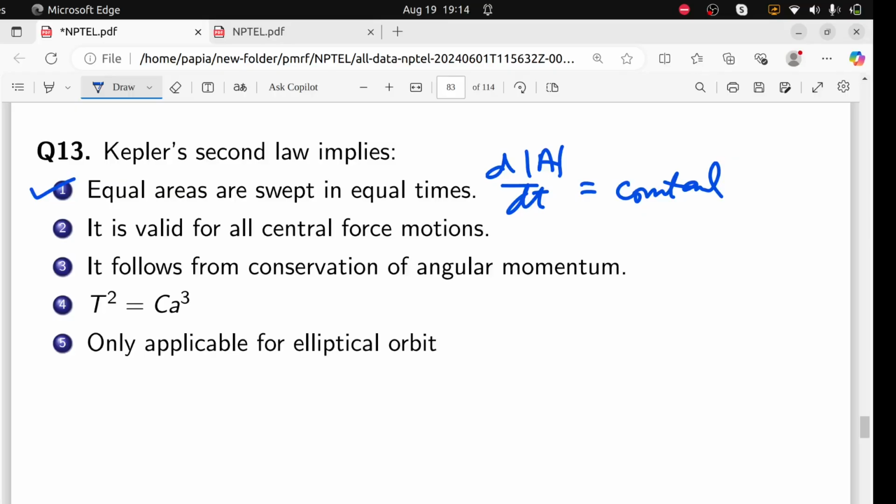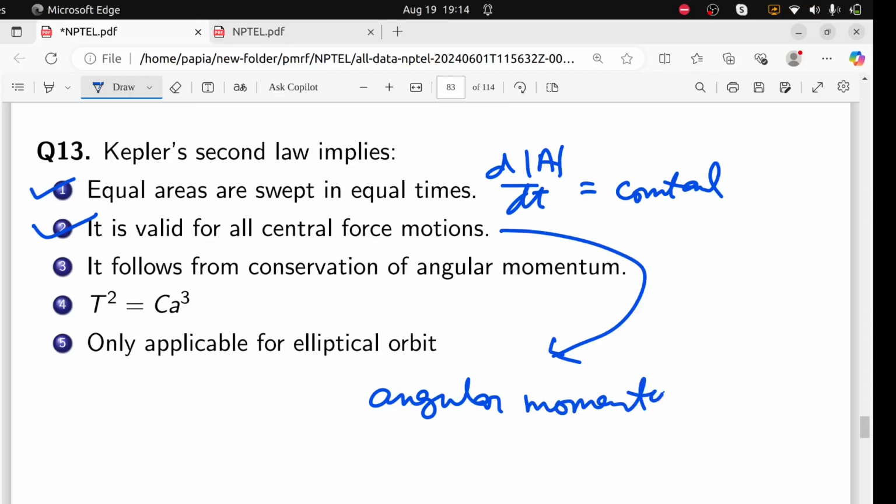So the first one is correct. It is valid for all central force motions. This is also correct, because for this calculation I just need to have the angular momentum conservation. Only this one I need.